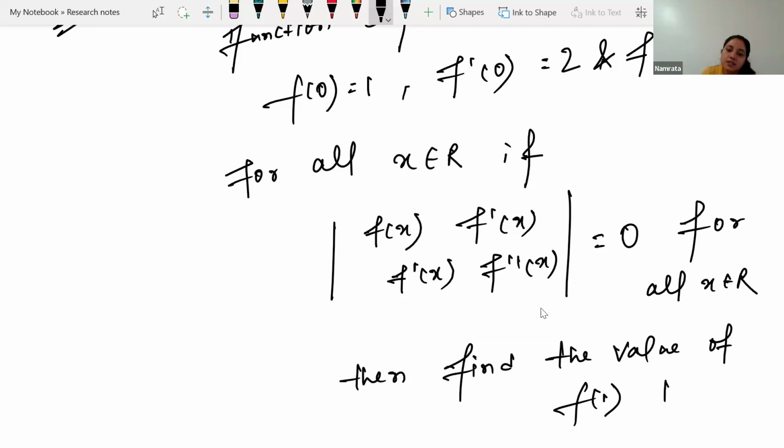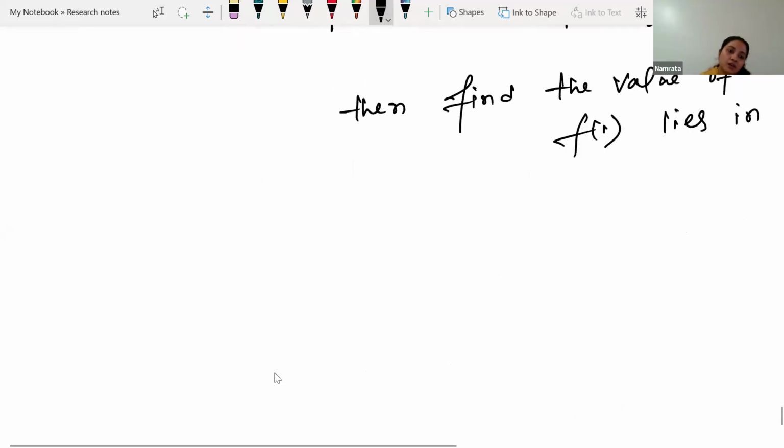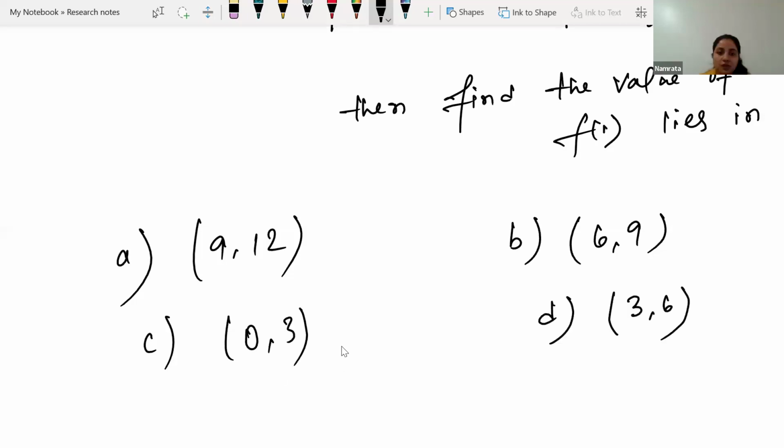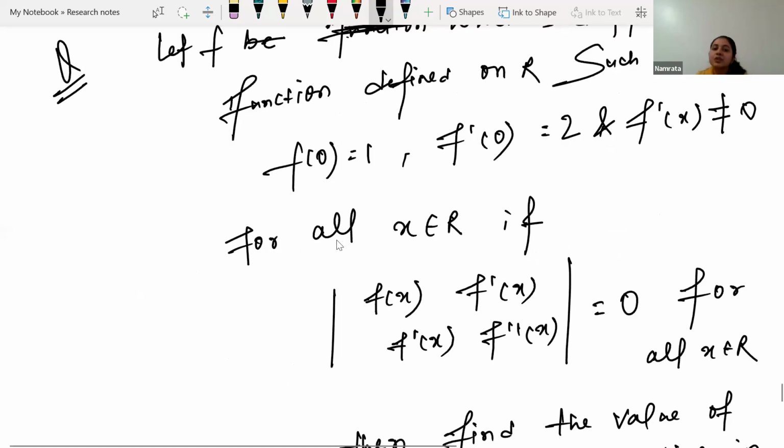Instead of a particular value, intervals are given: A 9 to 12, B 6 to 9, C 0 to 3, and D. Let's see how to do this one.